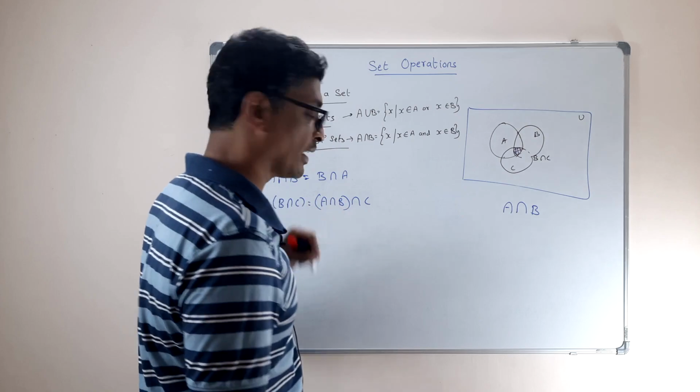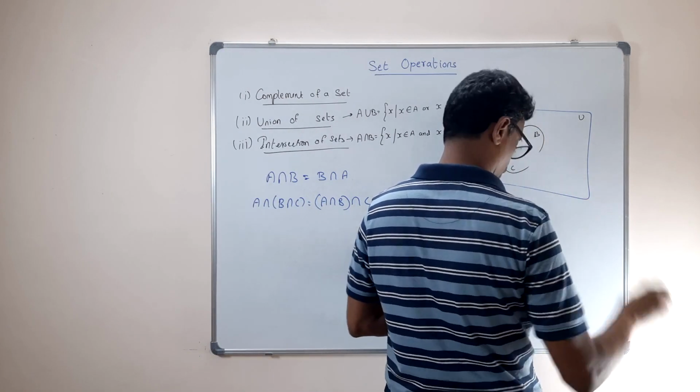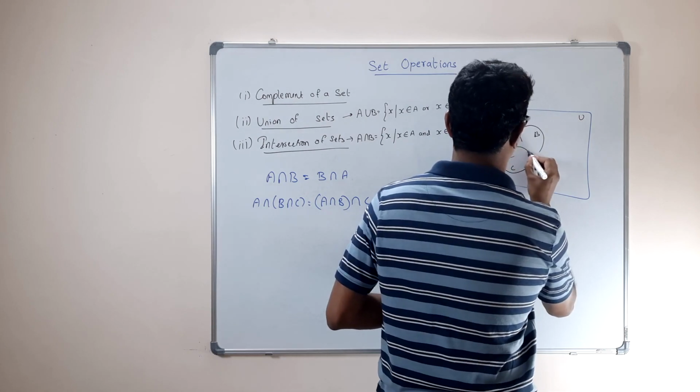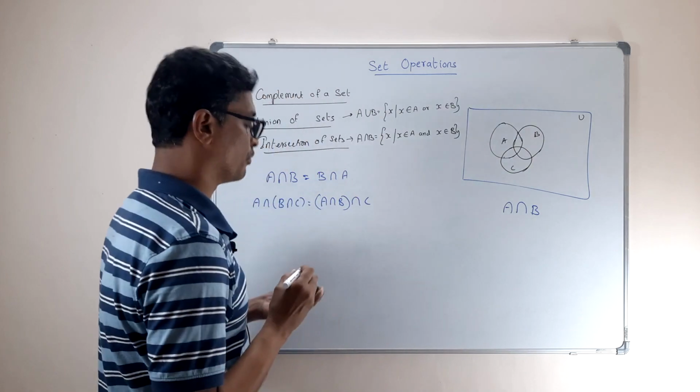Now let us take the RHS part. What will be the RHS part? A intersection B. The first one is A intersection B. What is that?